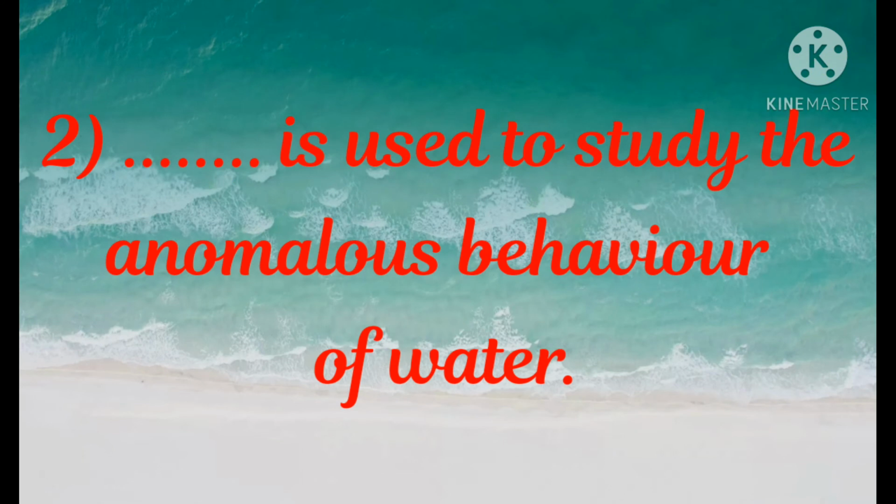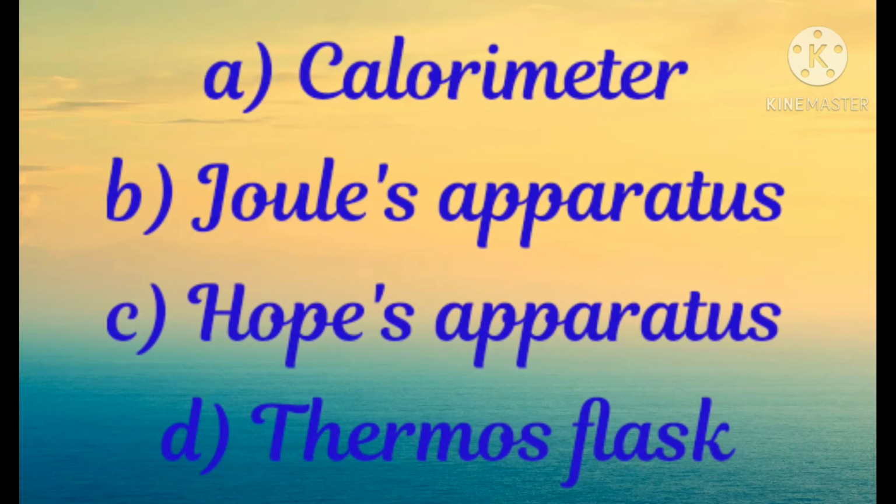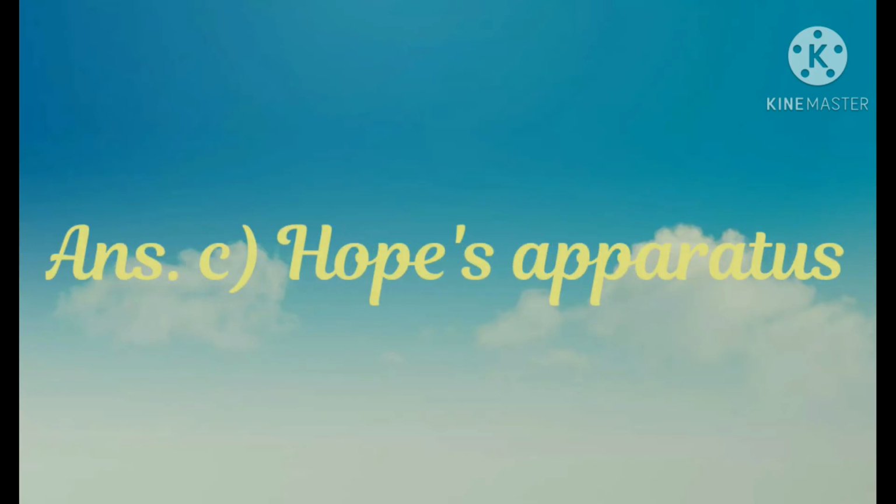Dash is used to study the anomalous behavior of water. The options are A. Calorimeter, B. Joule's apparatus, C. Hope's apparatus and D. Thermos flask. The correct answer is option C. Hope's apparatus.